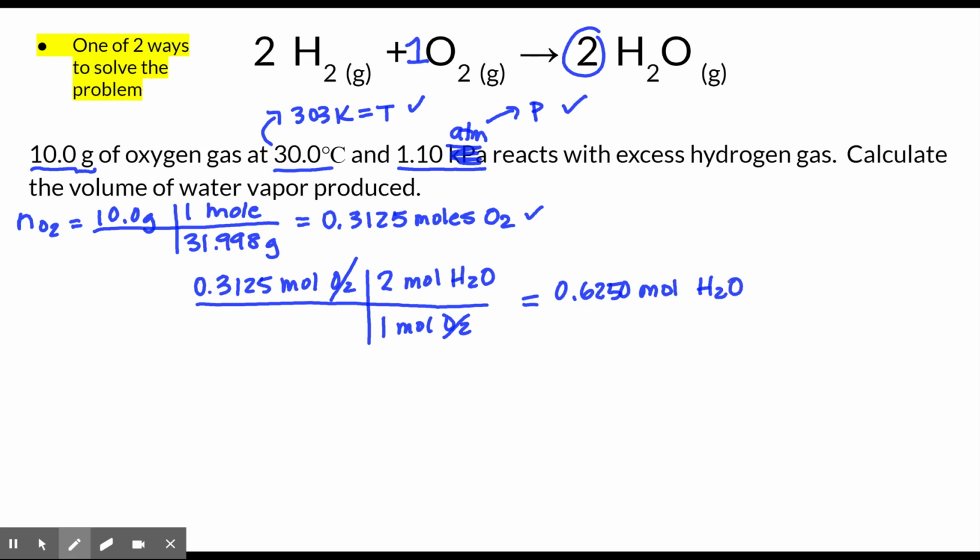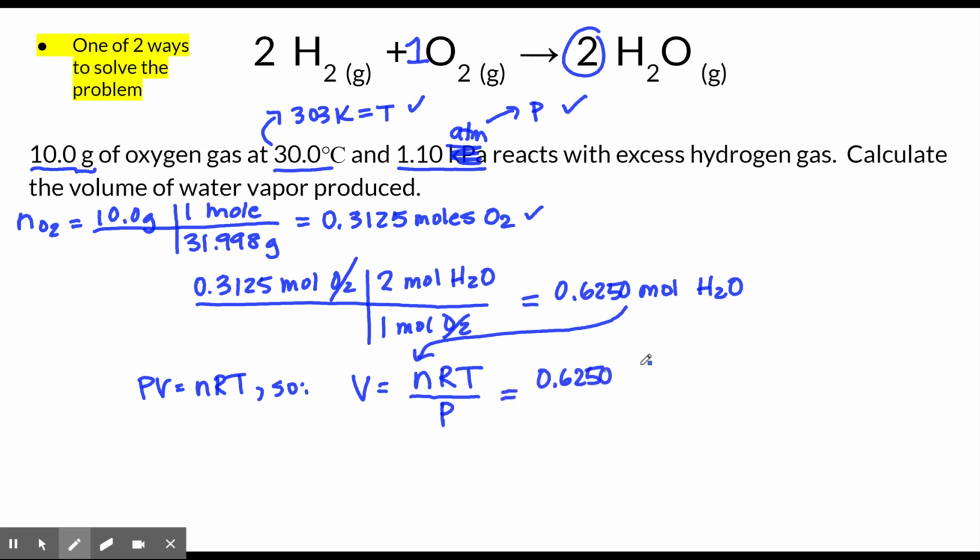So now let's figure out the volume of this water vapor. So we're going to manipulate PV equals nRT. So volume is going to be nRT divided by P. That n would be the 0.6250 moles that we just calculated, since we are interested in the volume of the water after all. R, since we're using atm, we're going to use 0.0821 liters times atm over mole K. And the temperature is 303.